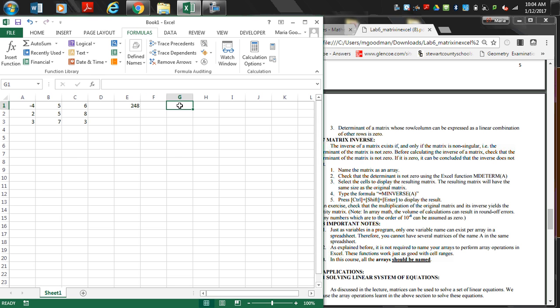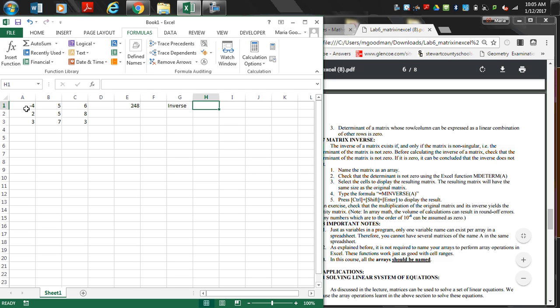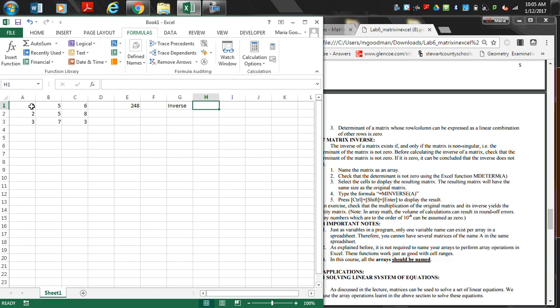we're going to put inverse, I-N-V-E-R, inverse. So to do the inverse, it's the same size as your original. So this one was a 3 by 3. So your new inverse formula will also be a 3 by 3.